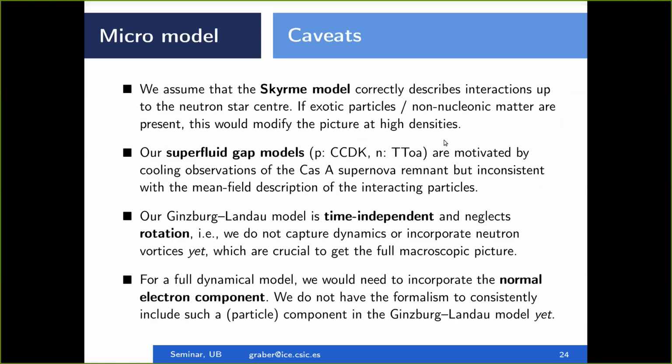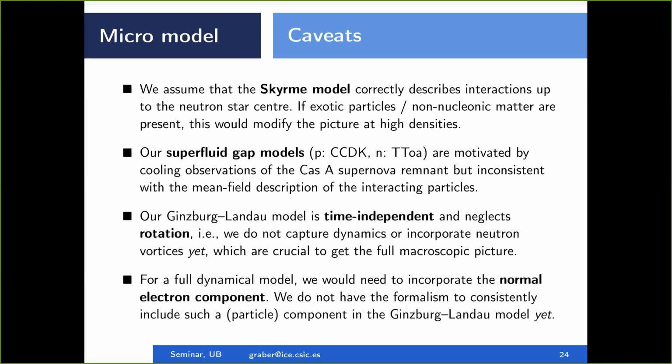Now a few caveats to this, and I said some of these already. First of all, we use the Skyrme model, and we assume that it correctly describes the entire interaction for our entire model. If you don't believe this model is correct, or it's not correct at high densities, then this won't be easily transferable.